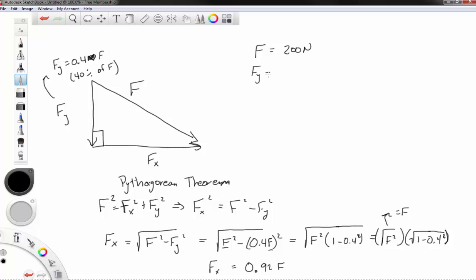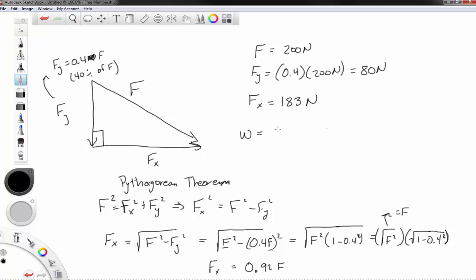That means Fy is 0.4 times 200 newtons, which is 80 newtons. And Fx is 0.91 times 200 newtons, so that should give us about 183 newtons. 183.3, but we'll just keep 3 significant figures.